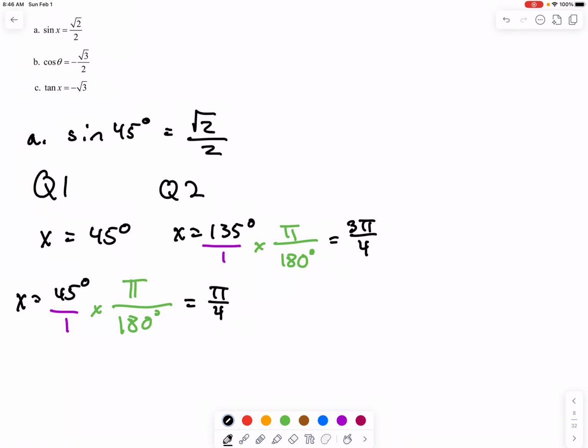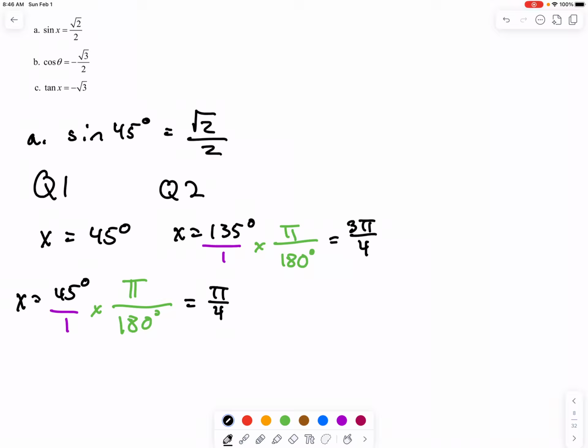So on the interval from 0 to 2 pi, these should be all the solutions, right? With sine being positive, sine is our y value. If we're on a unit circle, our y value is positive in quadrant 1 and 2. So we should have a quadrant 1 solution and a quadrant 2 solution.